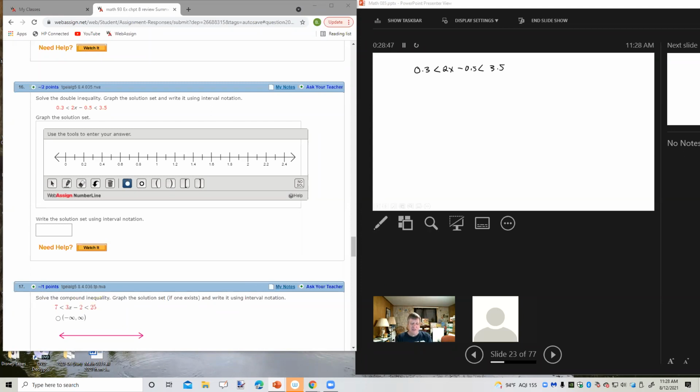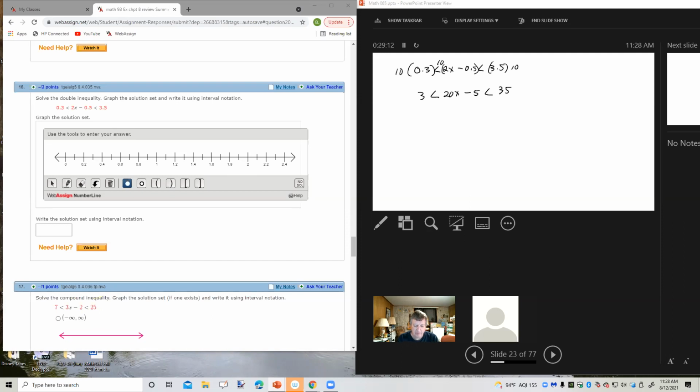I've got a bunch of decimals I want to get rid of, so I'm going to multiply each piece by 10. 10 times 0.3 is 3. 10 times 2x is 20x. 10 times negative 0.5 is minus 5. And 10 times 3.5 is 35.